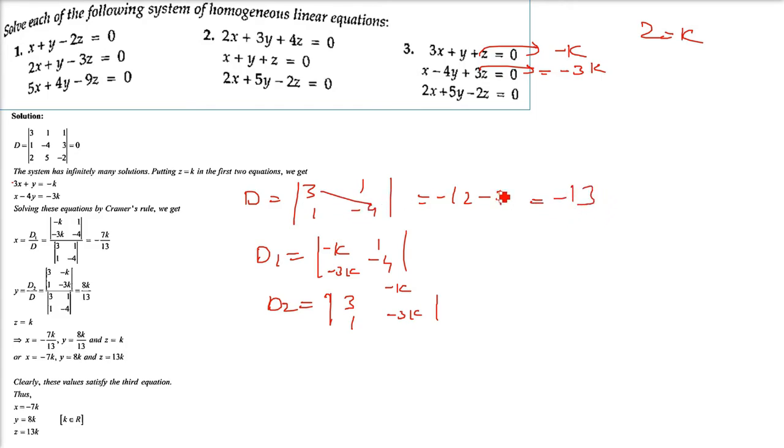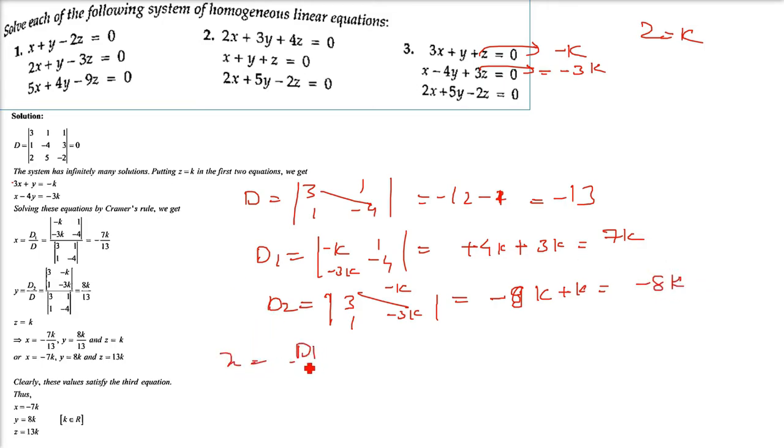Let us compute d1 now and d2 now. So what do you get? For d1, we just have to cross multiply, right? So this is 4k minus plus, so 4k and minus plus, you get 3k. 4k plus 3k is going to be 7k. And this is minus 9k and minus plus k, so this will be equal to plus k. So k minus 9k is going to be minus 8k, negative 8k.